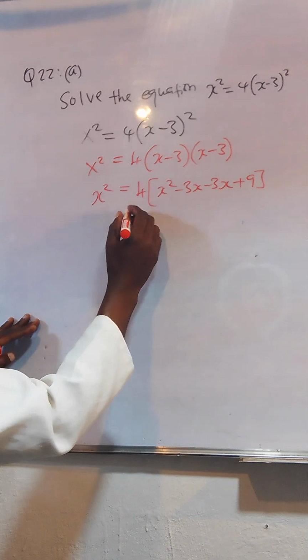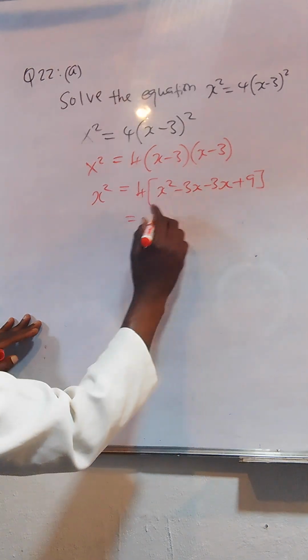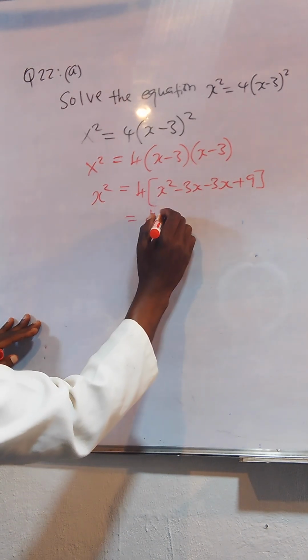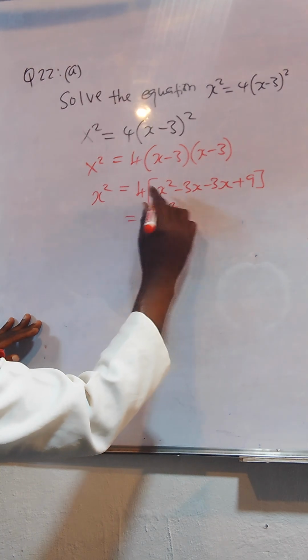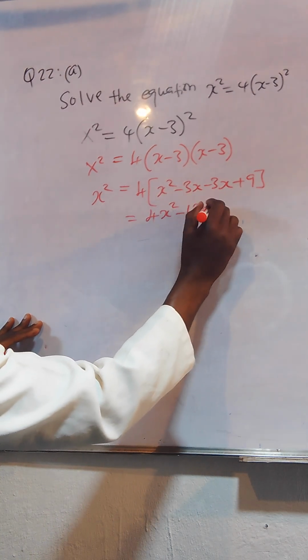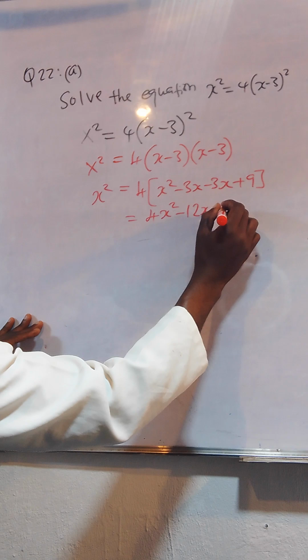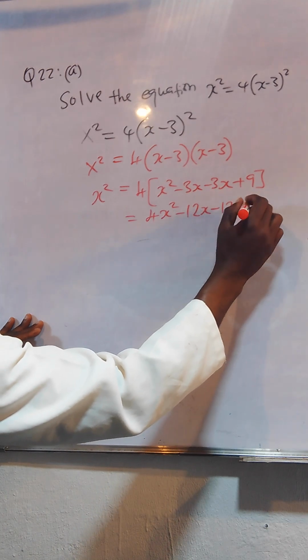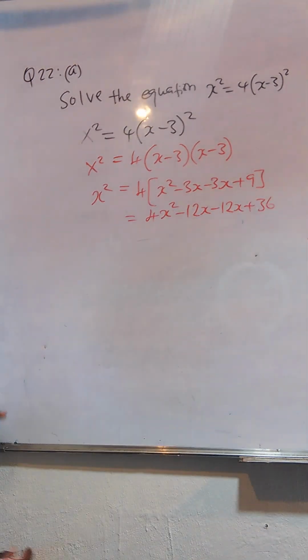And then from there you can now multiply this 4 throughout. So this is going to be 4 times this, 12x, minus 12x plus 36.